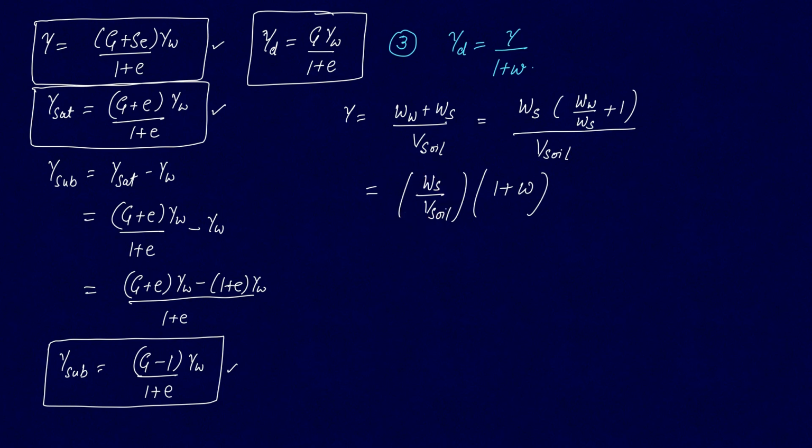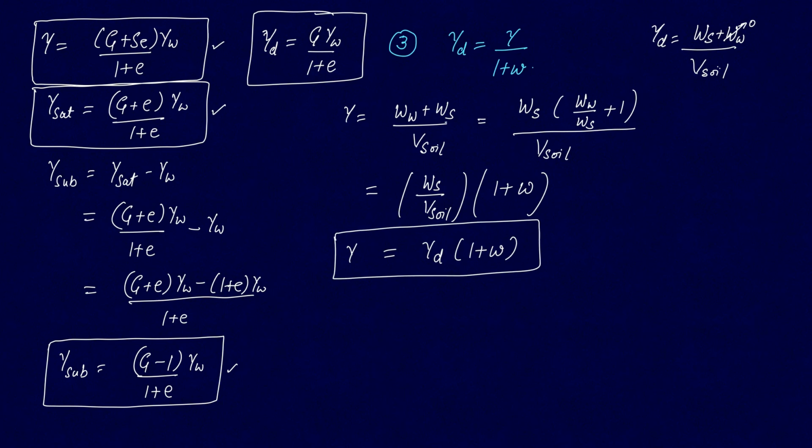See, gamma dry is nothing but the weight of solids plus the weight of water, but for dry soil, you know that the weight of water is 0, divided by the volume of soil. So this is nothing but gamma dry. So gamma dry times 1 plus w equals gamma. So this is the third formula that we have derived here.